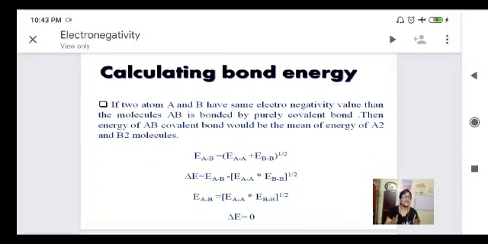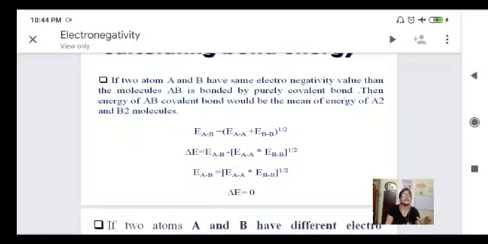So, delta E, the difference in bond energy between two purely covalently bonded atoms, is a measure of electronegativity. Which difference? The difference between the actual value of the bond energy and the predicted bond energy.